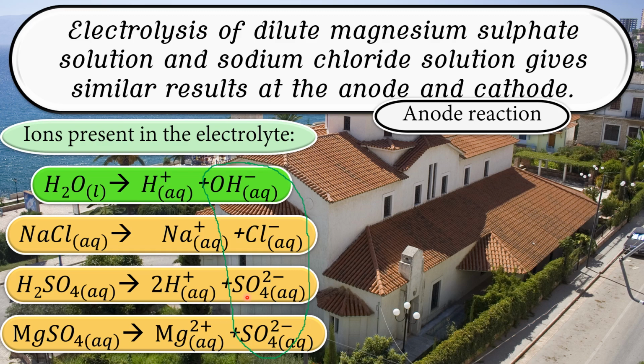Among the reactivity series, the sulphate is above the chloride, and the chloride is above the hydroxide. So that means that the hydroxides are going to be discharged. And when they are discharged, we shall end up getting oxygen and water at the anode.